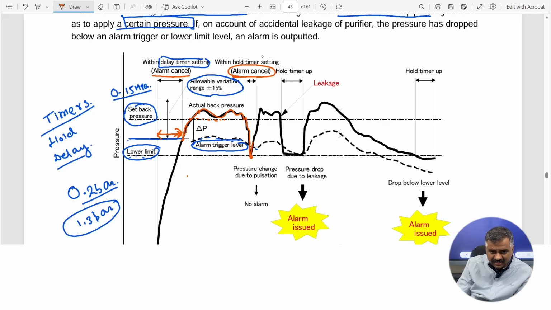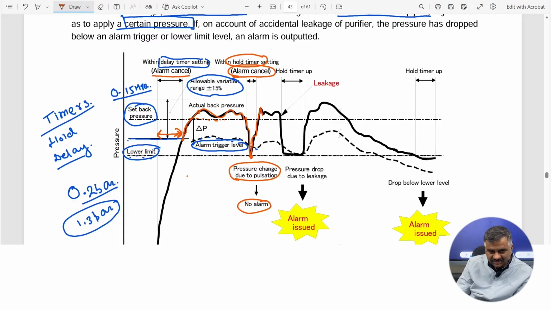Now we see there is another timer which is coming into the picture, called the hold timer. If the pressure has dropped for a fraction of a second and again reset and came back to its value, that means there will be no alarm issued, because this can happen due to any pressure pulsations in the line.